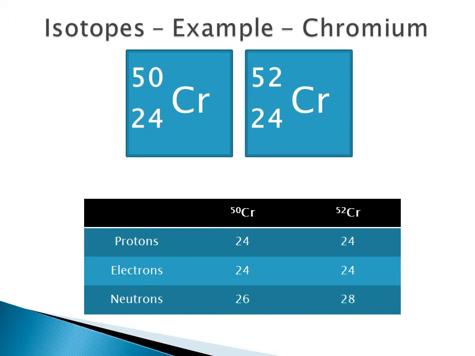The heavier version, chromium 52, must still have 24 protons. Obviously it's got a proton number here of 24, but even if they didn't tell you that, all chromium atoms have 24 protons, and you can tell that by looking at the periodic table. Again, electrons are equal to protons, so 24 of them, but this time we have 28 neutrons.